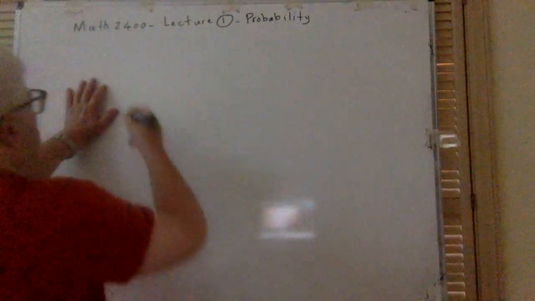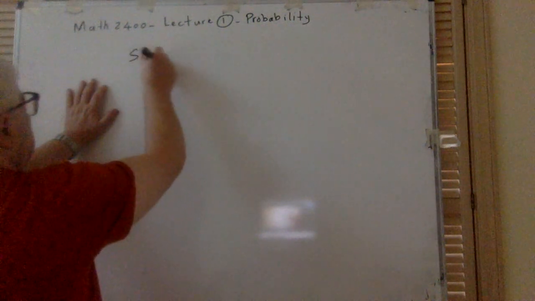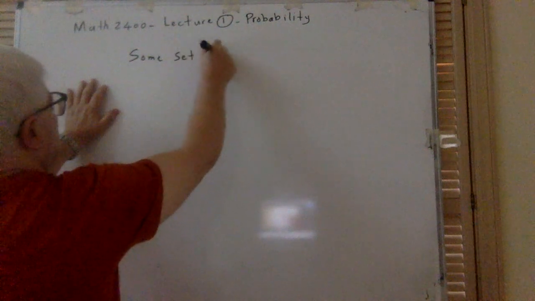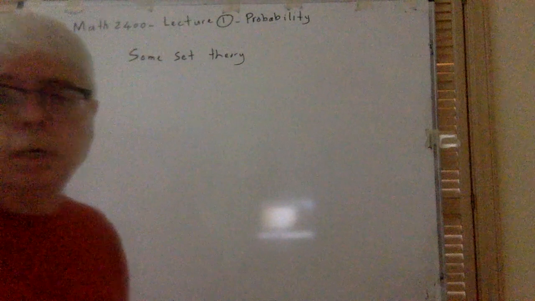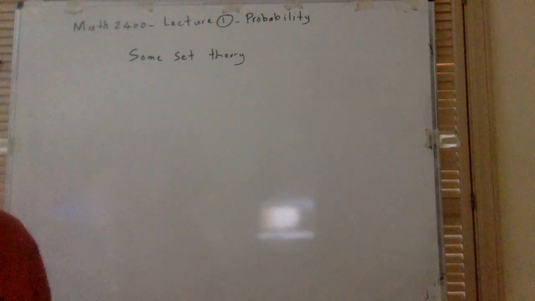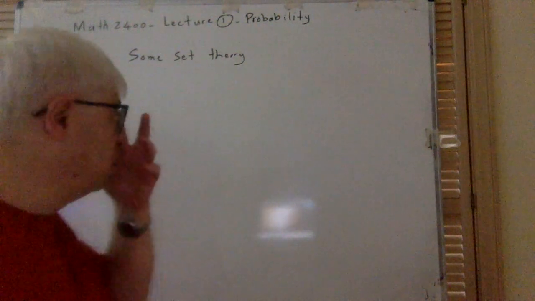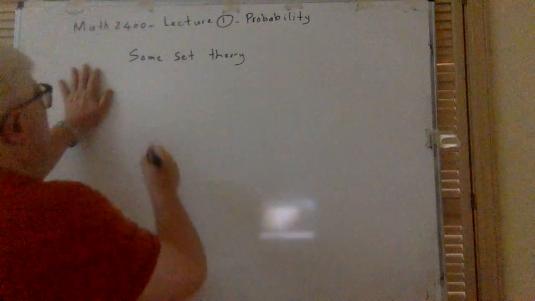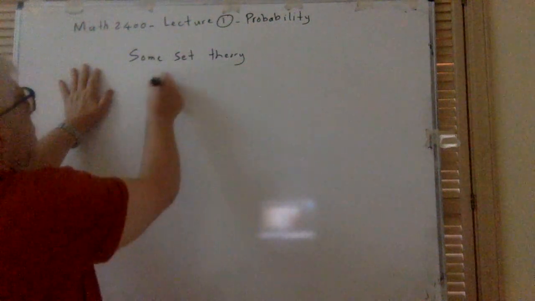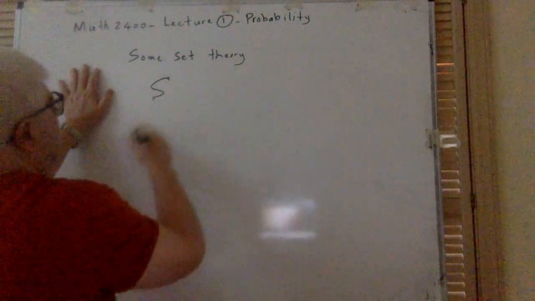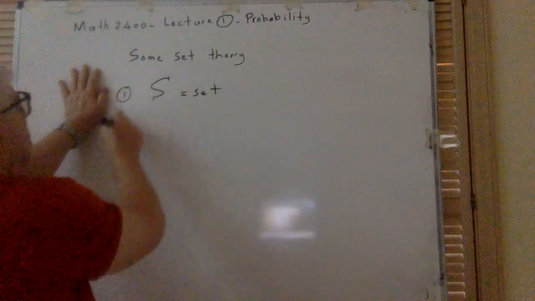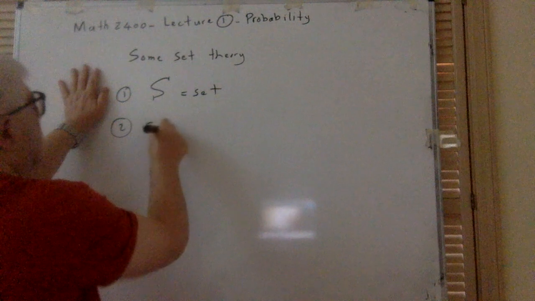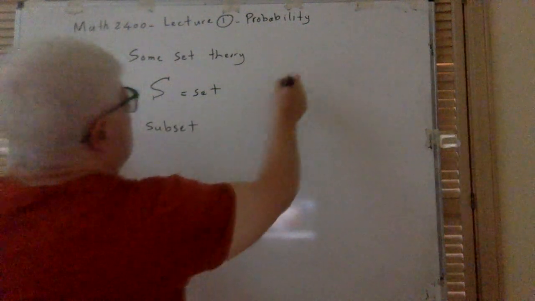And we need some set theory here. Now, since I'm talking about sets and subsets, it's good to know some set theory. So we can denote sets by anything. So it's a set, and so we have subsets.